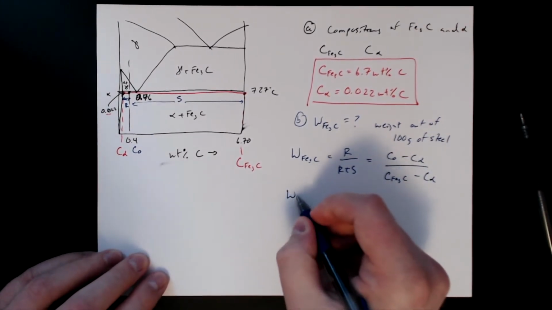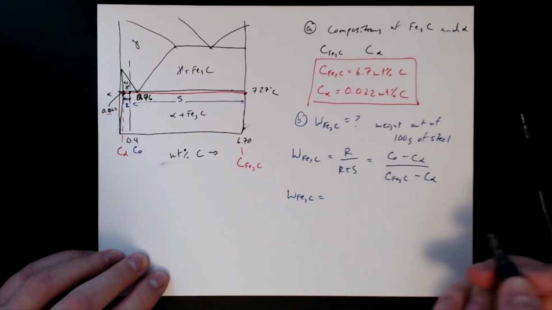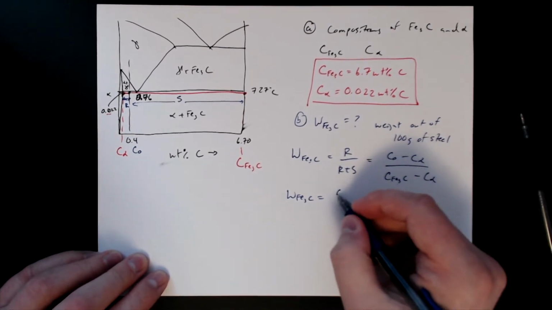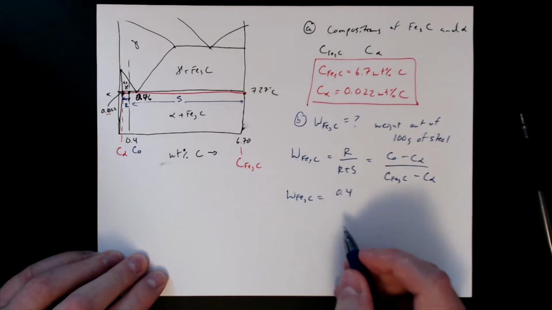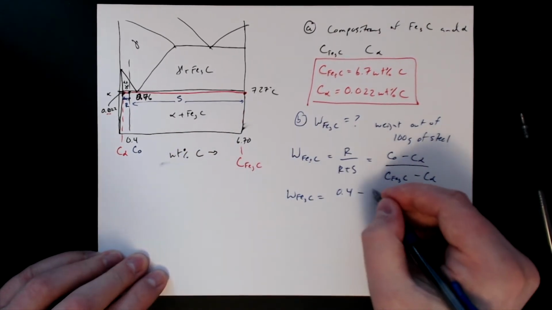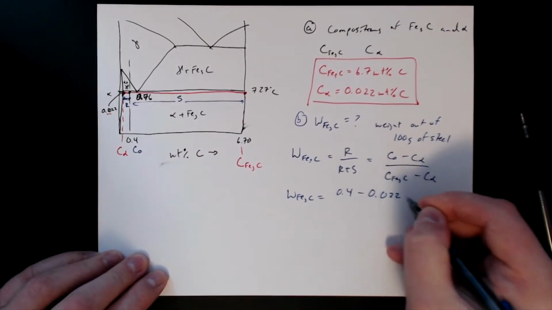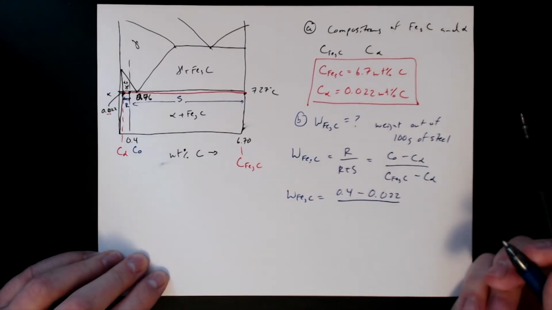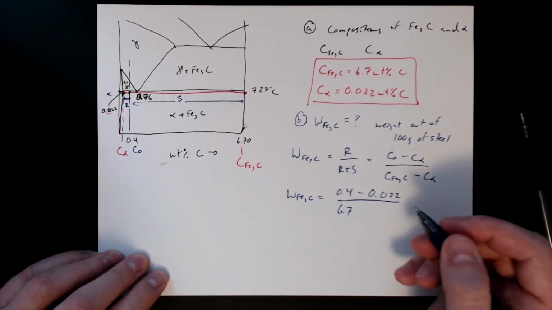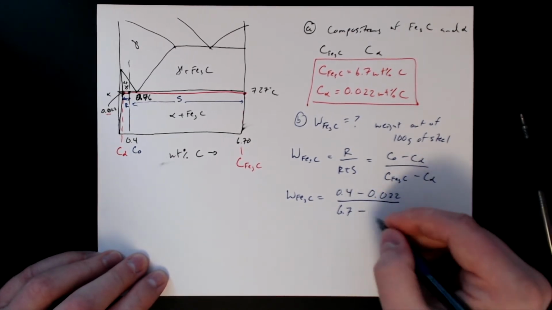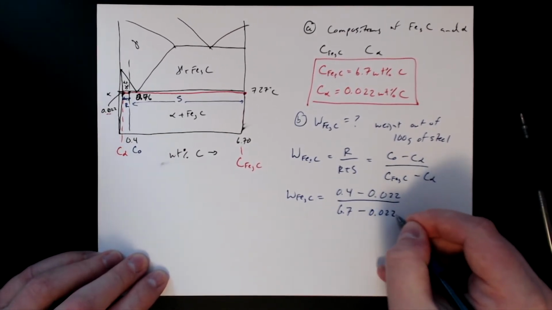If we put some numbers behind that, C naught is 0.4, that's the alloy over here, minus C alpha, which was 0.022 weight percent. All of these are weight percent carbon. And then the denominator is 6.7 minus 0.022 again.